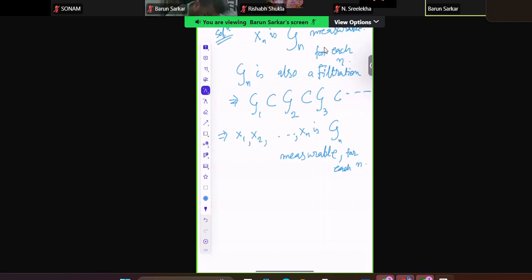So by definition, Fn is nothing but the sigma algebra generated by X1 to Xn. Now, Fn, this is the definition, this is given, right?